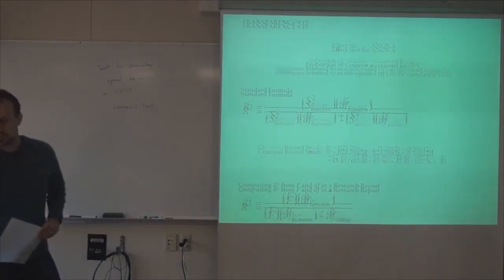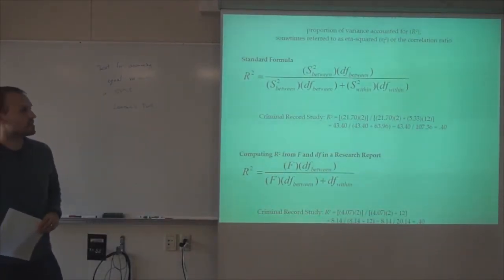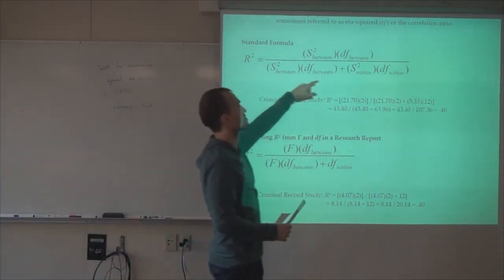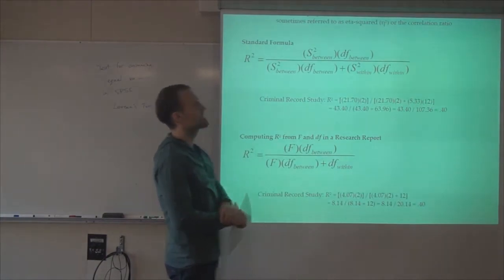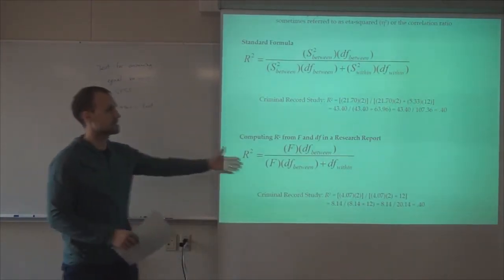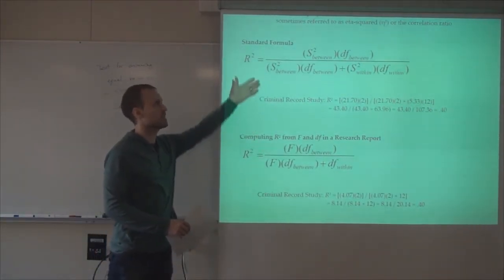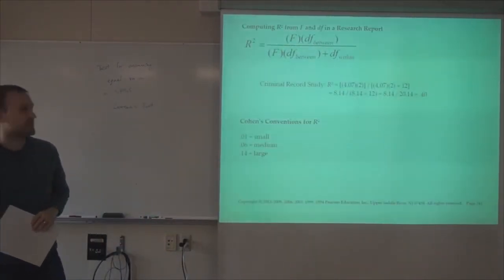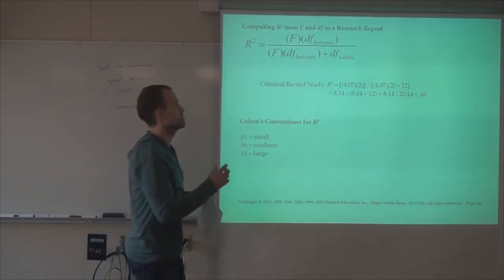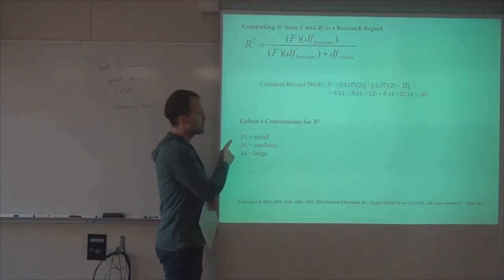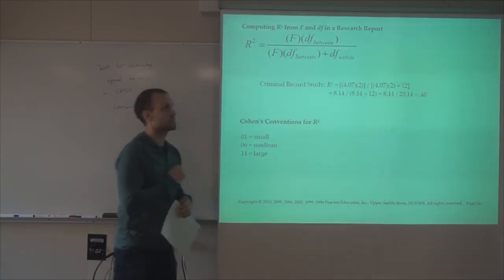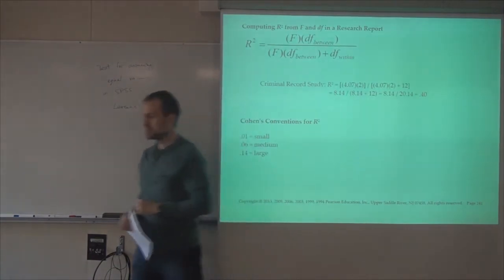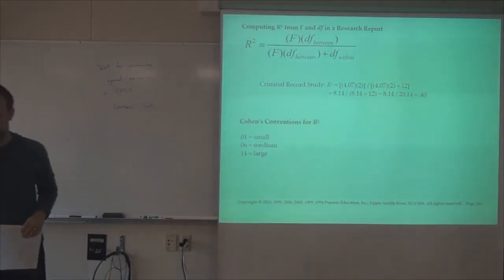I can also look at it by way of my F ratio by dividing throughout by the within groups variance estimate. I'll get this. You can pick whichever one you want to work with. It's the same. And Cohen's conventions for what means small, medium, and large: 0.01, 0.06, and 0.14. So with a 0.4 there in my example, that is a large, very large effect size.